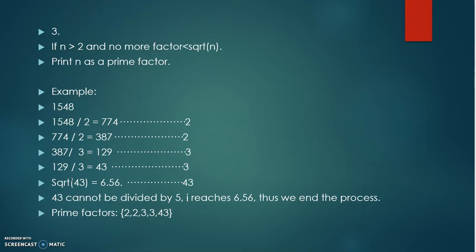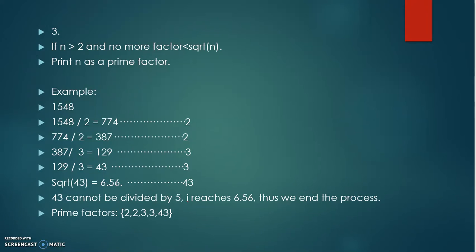It's still not divisible, and next we are supposed to divide it by the next odd number, which is 7, but what we got here is the square root of 43. The square root of 43 is 6.56.